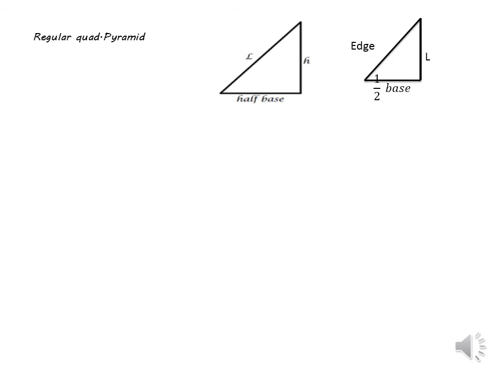We have 2 important triangles in a regular quad pyramid. First of them is a right angle triangle: one side represents half of the base of the pyramid, the second represents the height, and the hypotenuse represents the slant height of the pyramid.